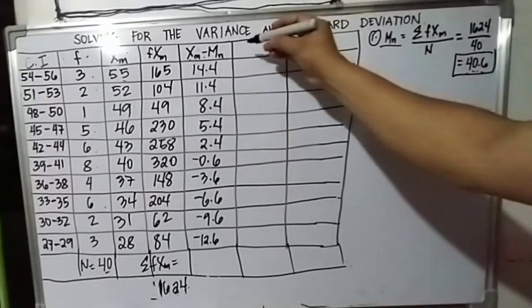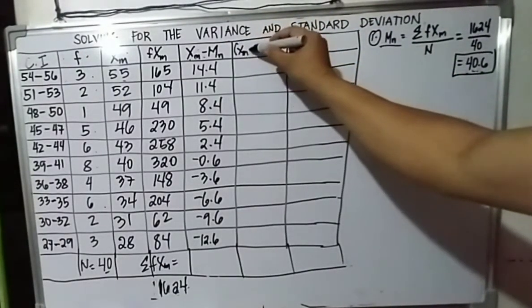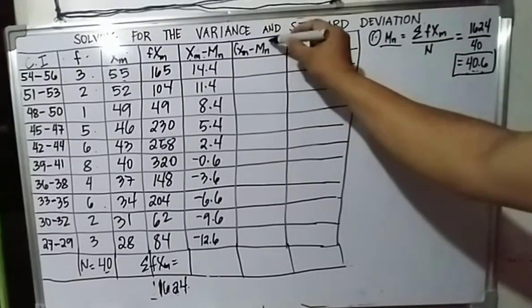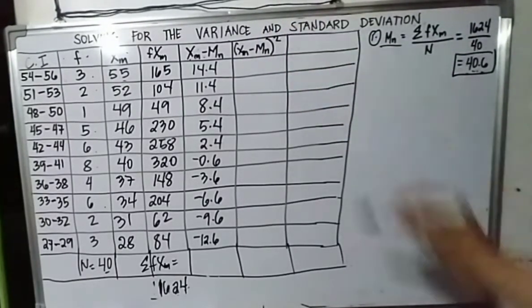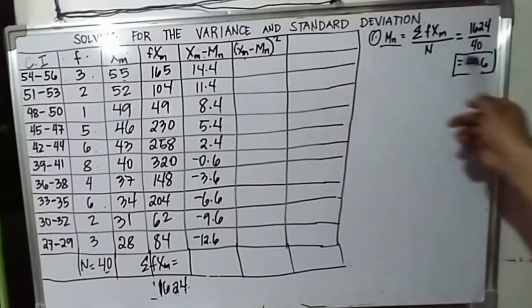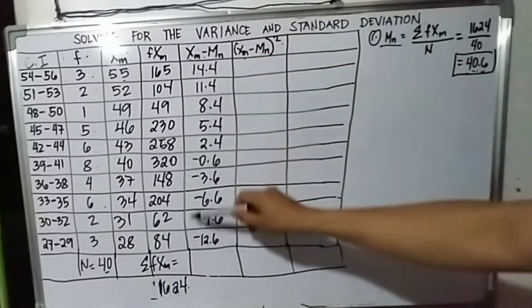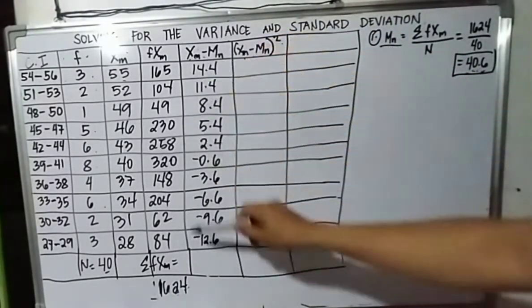Next, sunod is x sub m minus mean raised to 2. So meaning, x sub m minus the value of the mean is squared. So you need to multiply the number by itself.